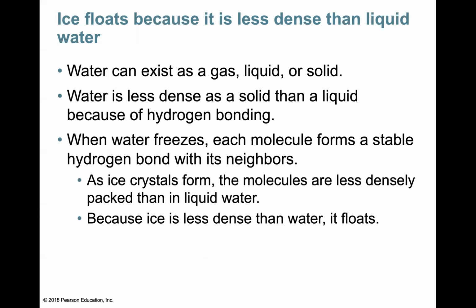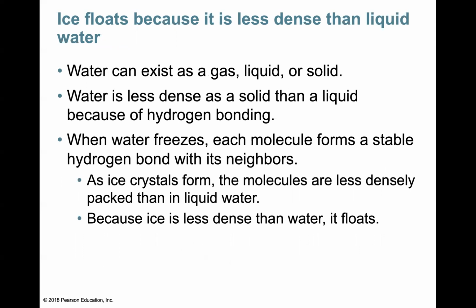Other properties of water. We know that water can exist in different states as a solid, liquid, or a gas. Ice, for example, floats because it is less dense than liquid water, right? So we're saying that water can exist as a gas, liquid, or a solid. Water is less dense as a solid than as a liquid because of the hydrogen bonding.